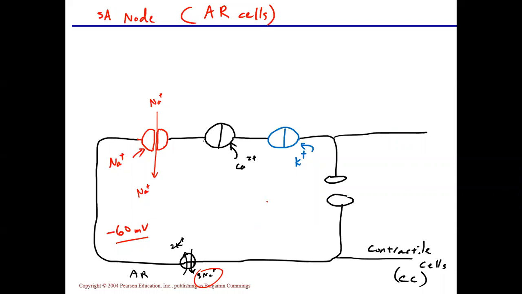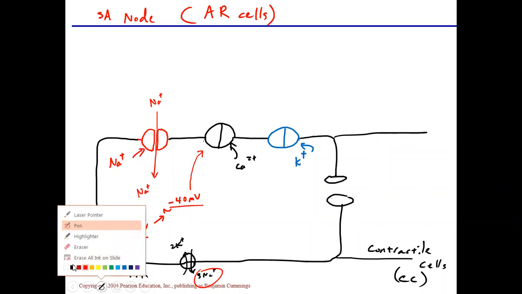But sodium coming in is not going to drastically change the resting potential yet. All right. So as the sodium comes in, maybe it gets to around -40 millivolts. All right. -40, -45. So it's about maybe 15, 20 millivolts. And all of a sudden, what happens? This is the threshold. As a result of that, that causes the opening of the calcium channel.